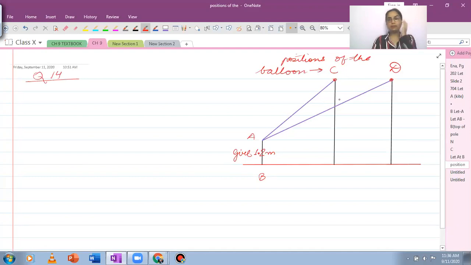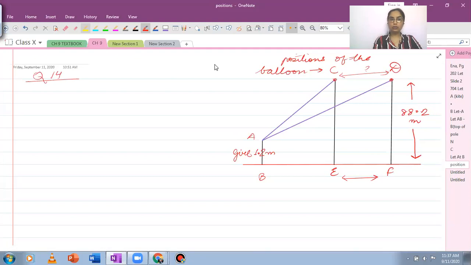C is the first position and D is the second position. You want to find out the distance between these two. If you look at the bottom, rather than finding CD, we can just find out the distance EF. And the height of the balloon is given as 88.2 meters from the ground.